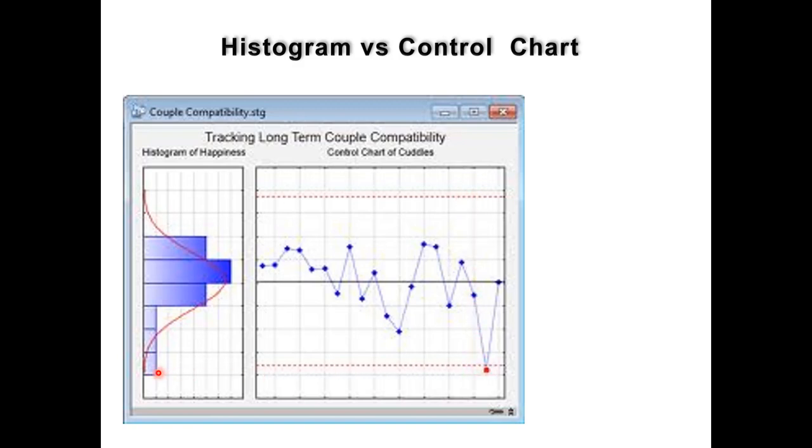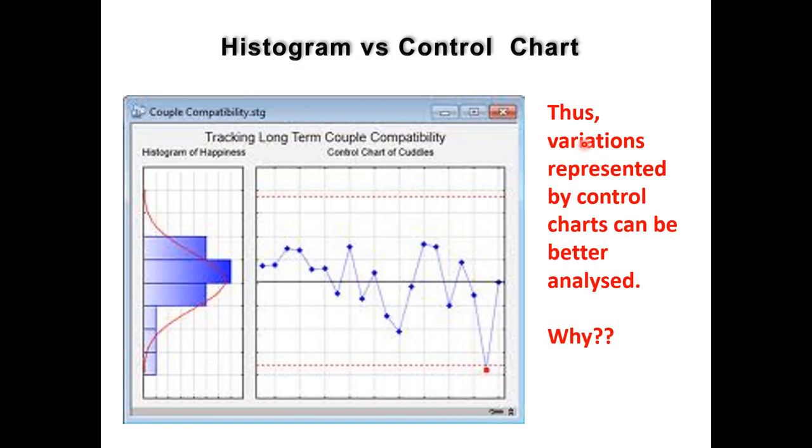Even though you can also detect that from a histogram, you wouldn't know exactly when the out of control occurred, because it was not drawn on a time basis. But for a control chart, we will see exactly when it occurs. At this point in time, the out of control has occurred, as shown by the red dot.